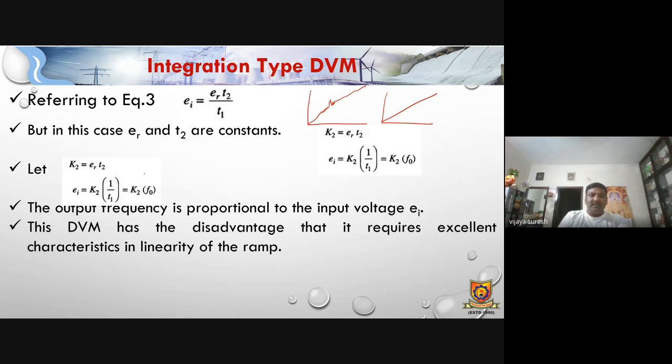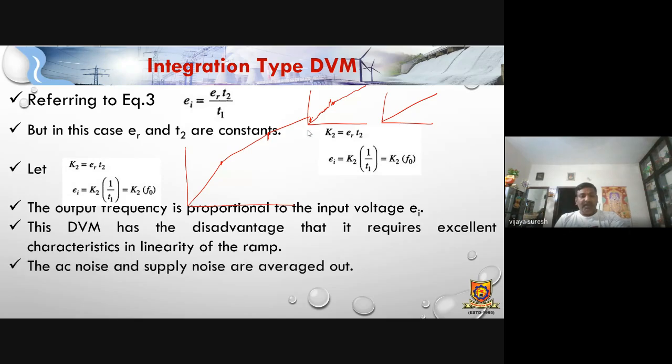Or else sometimes it will be linear and sometimes changing, like we observe up to here that slope is different, up to here the slope is different, again up to here the slope is different. It should not be like that. That linearity should be proper. Okay, and AC noise and supply noise are averaged because for charging and discharging you are taking an increasing ramp as well as a decreasing ramp.